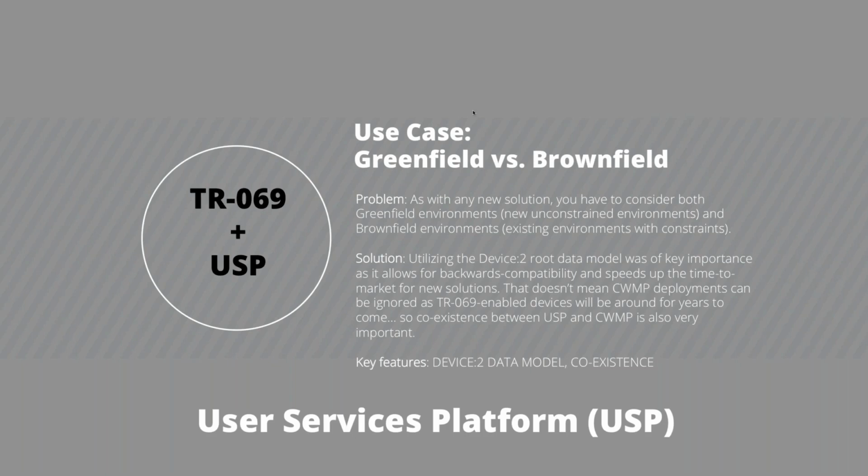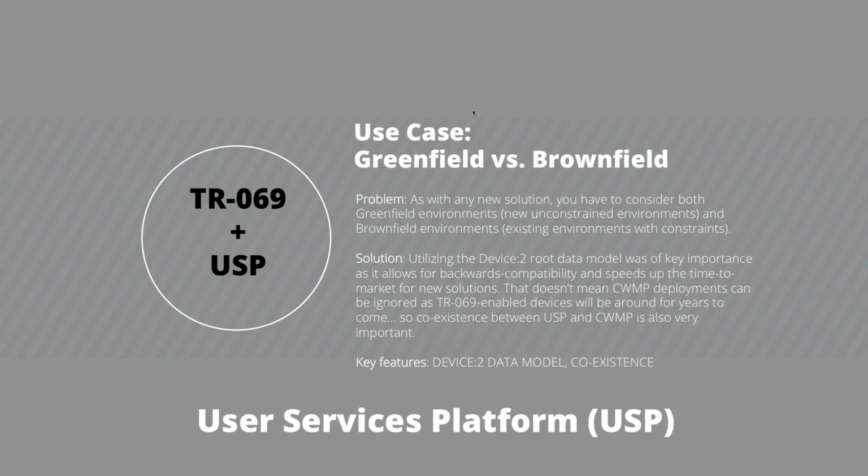One of the key design goals of USP was to keep the data model consistent with TR-069, because mapping the data model to underlying libraries and system calls is one of the biggest investments for a CPE when developing a management solution. This is why utilizing the Device:2 root data model was of key importance, as it allows current CPE to reuse existing investments and speed up their time to market.